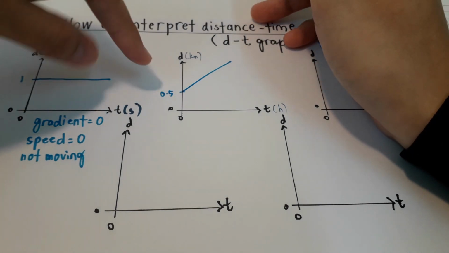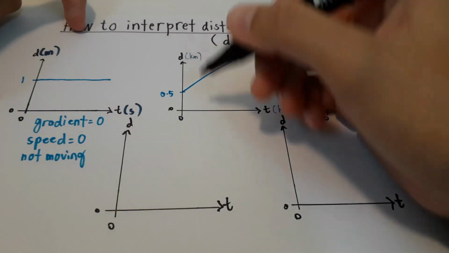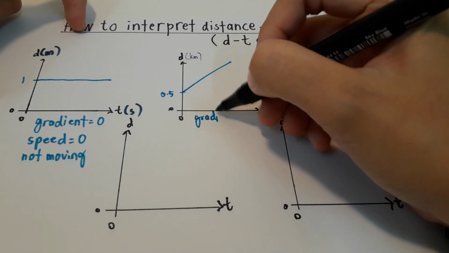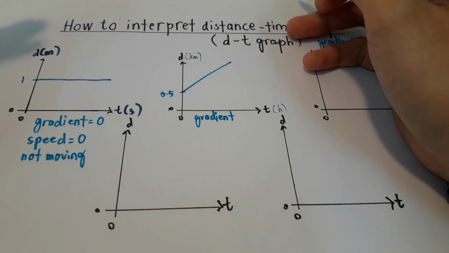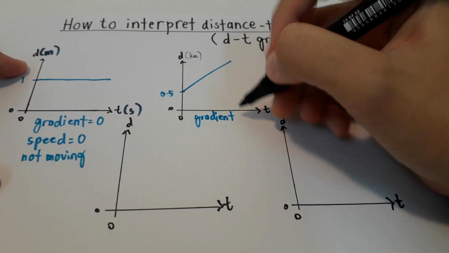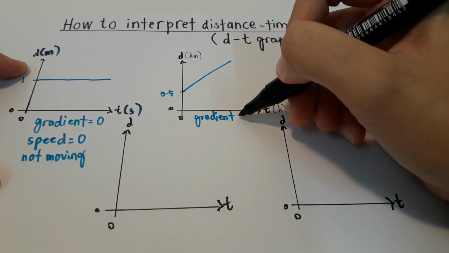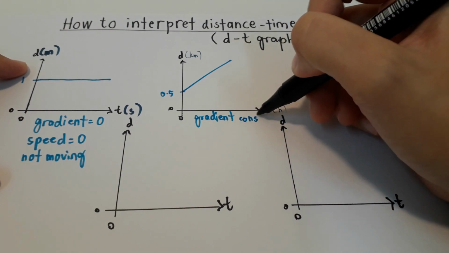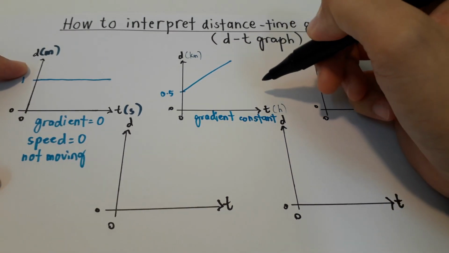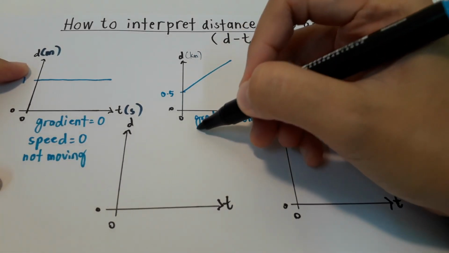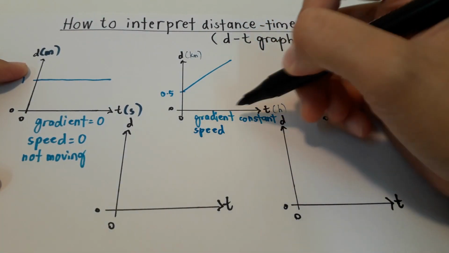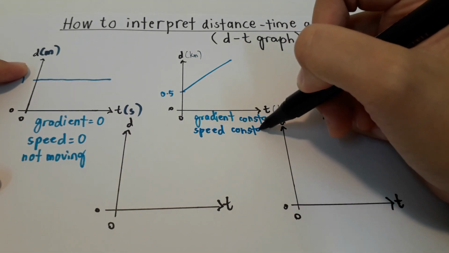From the gradient we can tell that the line has a constant gradient. So the gradient is constant. From this gradient we can say that the speed also is constant.